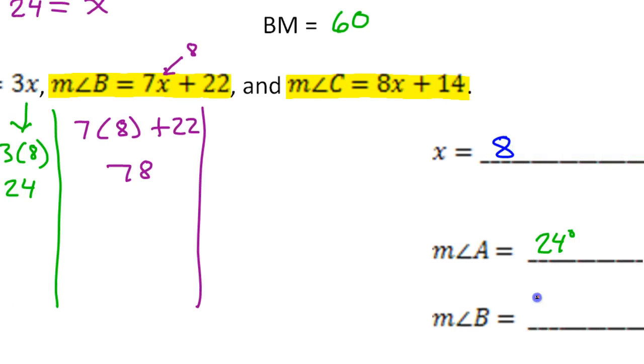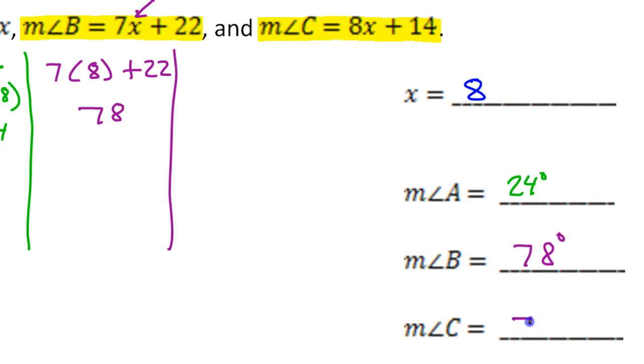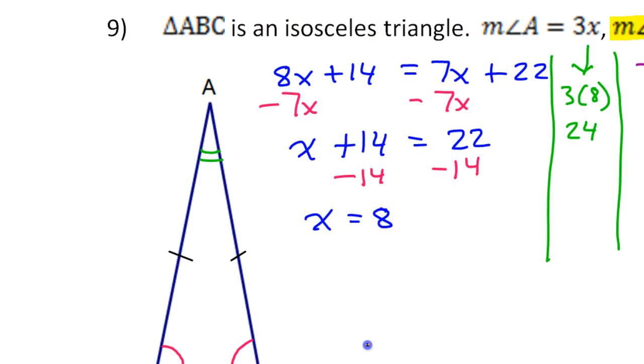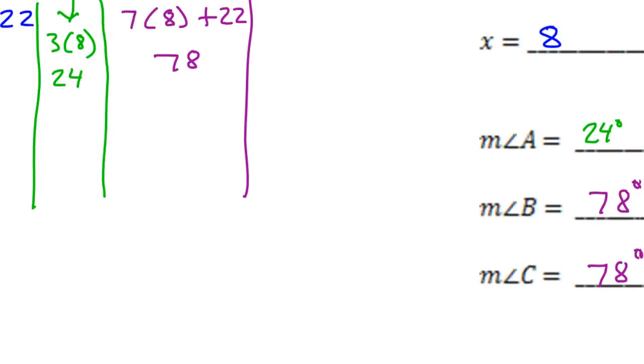Alright, so that's the measure of angle B is 78 degrees. And of course the measure of angle C is also going to be 78 degrees. I don't need to substitute back in. B and C, base angles are congruent. So if B is 78, then C will also be 78.